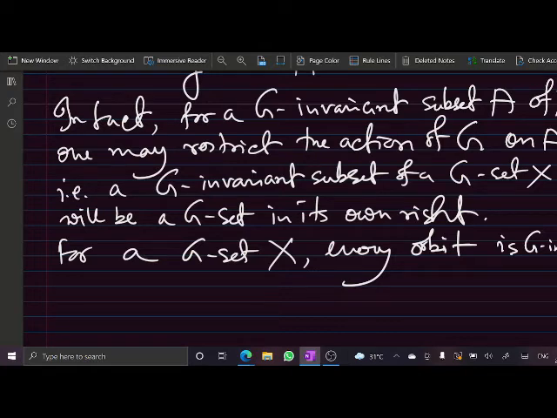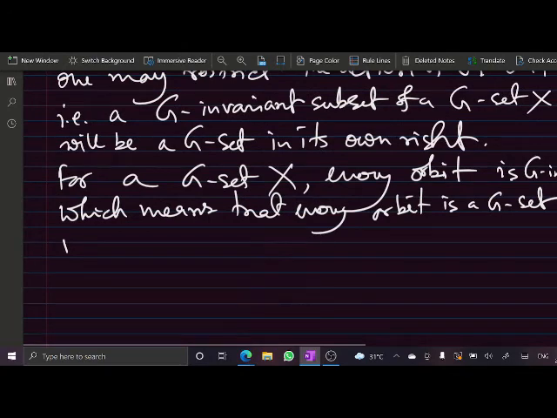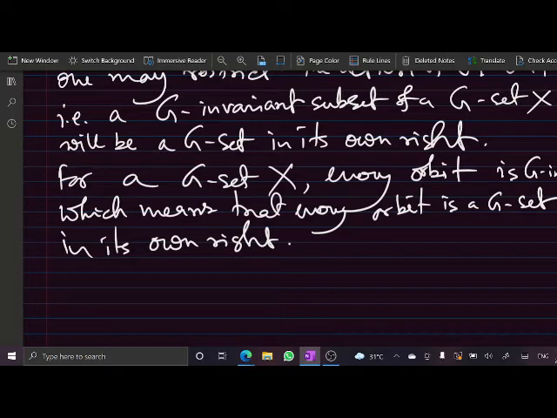And that is why every orbit is a G set in its own right.